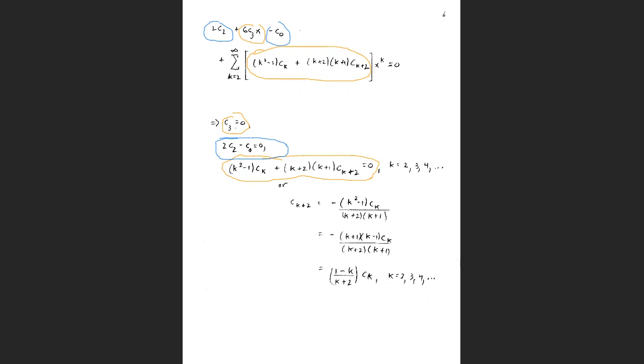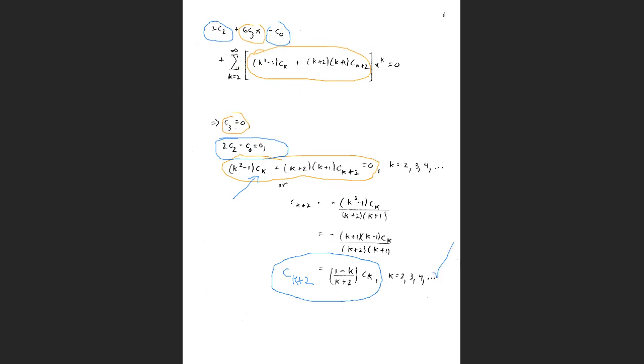Now what we wanted to do was take this recursion formula here, k squared minus 1 times ck plus k plus 2 times k plus 1 times c sub k plus 2 equals 0. We want to solve for c sub k plus 2. And it turns out that c sub k plus 2 is equal to 1 minus k over k plus 2 times c sub k.